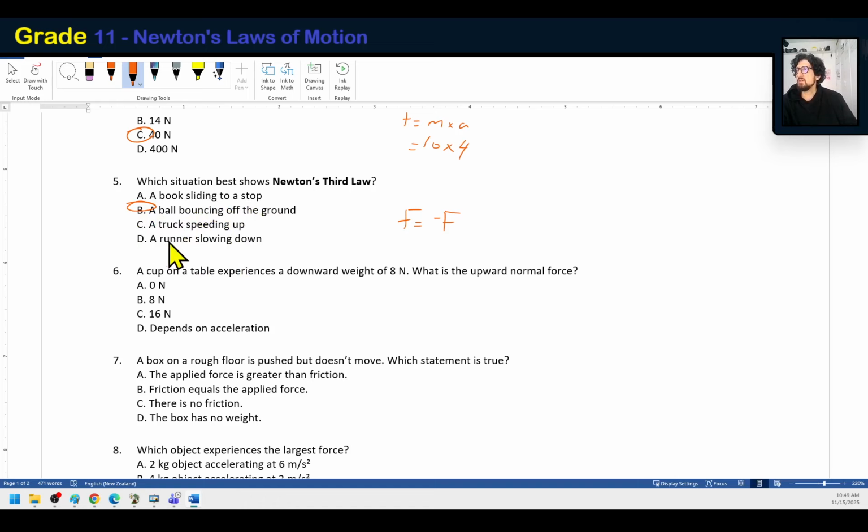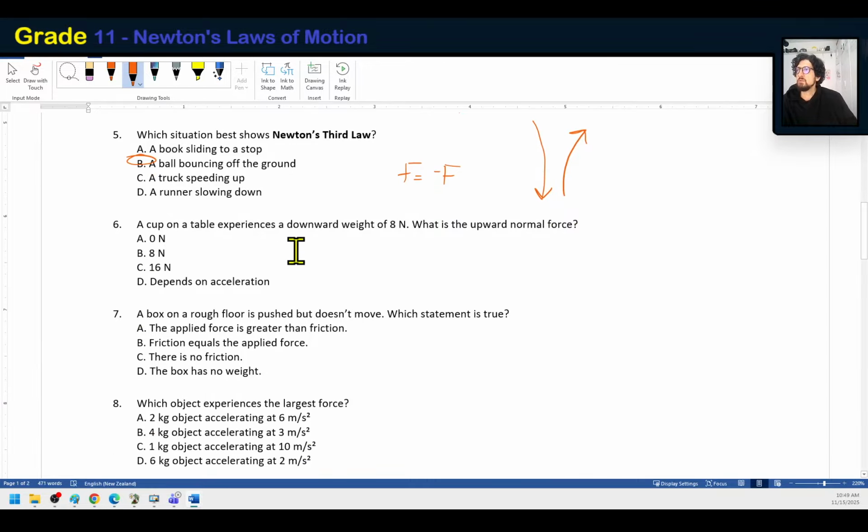A truck speeding up, nope. And a runner slowing down. Both of these are showing acceleration, deceleration. A book sliding to a stop is also showing deceleration. No, so this one here, B, because as the ball bounces, that is action, reaction, equal and opposite.